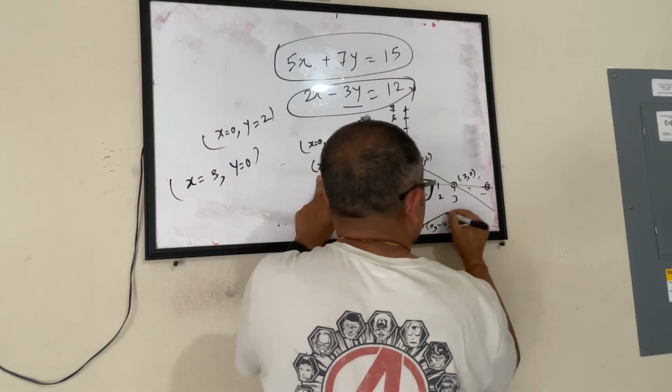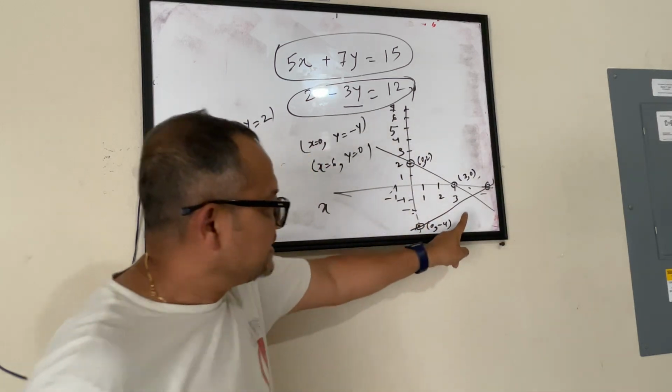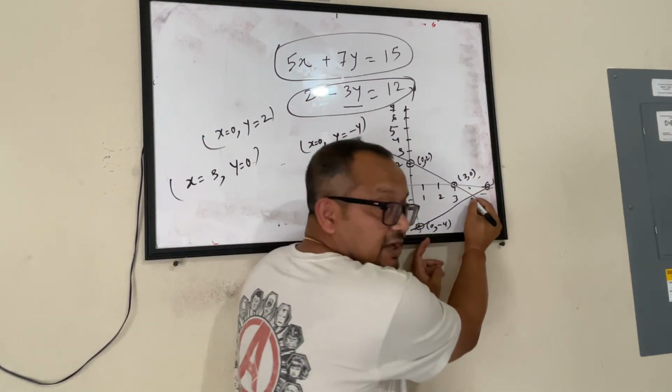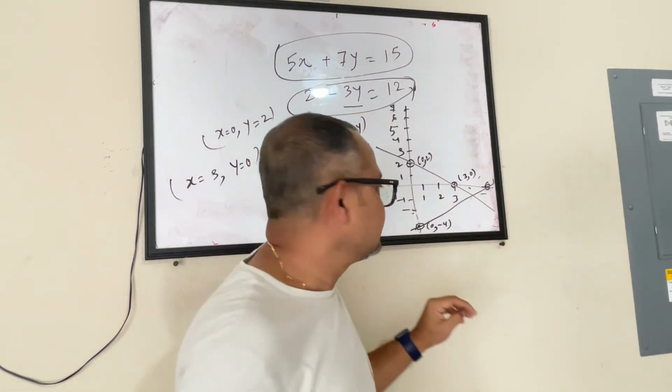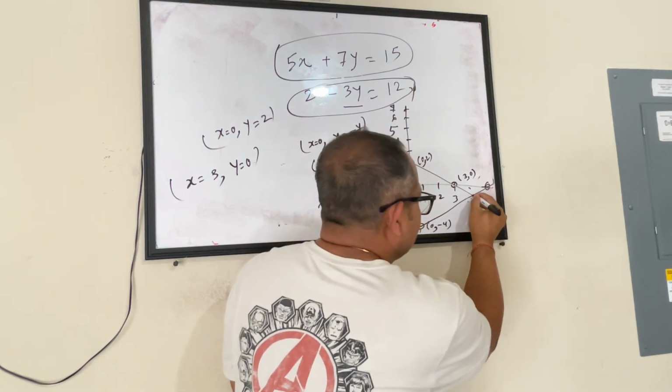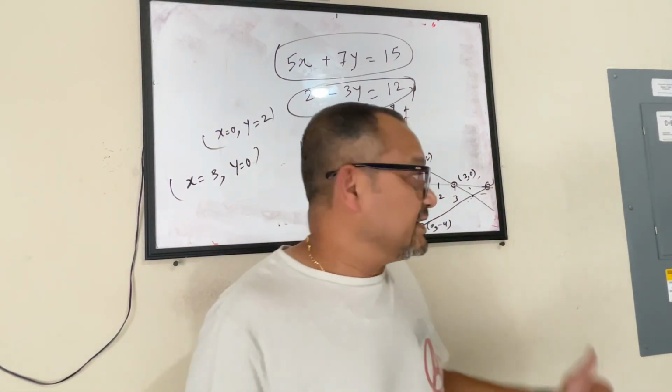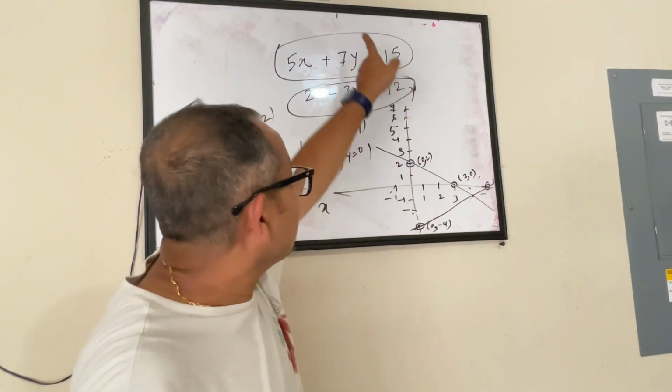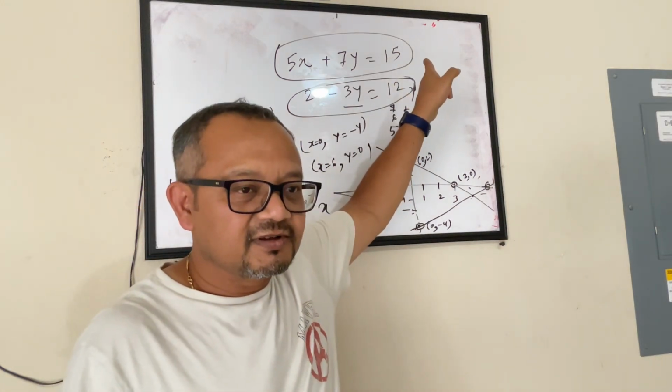Now when we join these 2 points, this is the point where the two lines intersect each other. That is the solution. This is what you will get by solving these two equations.